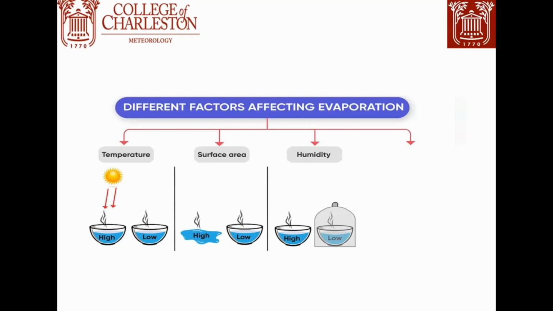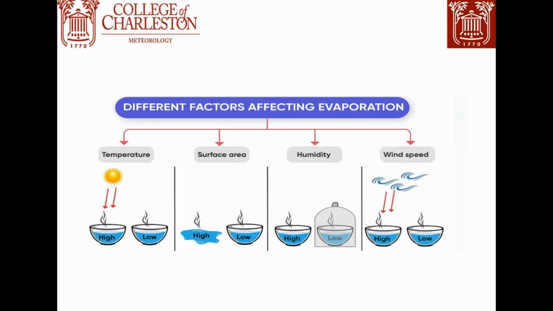Now, finally, when it comes to the sling psychrometer, the last variable that matters is going to be wind speed. The speed at which air flows over the surface of water affects the rate at which the water evaporates. Here's the reason why. As the wind blows, it's going to sweep away airborne water molecules that are in the air.